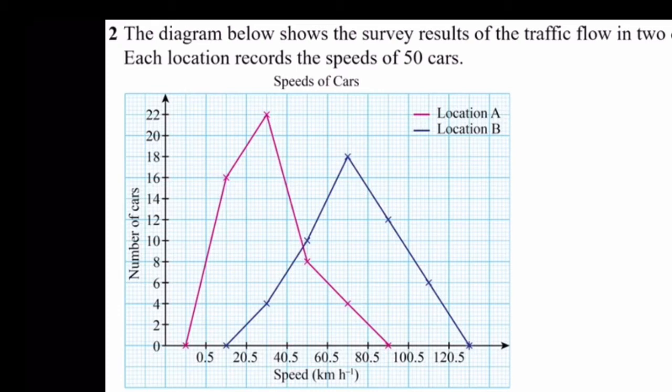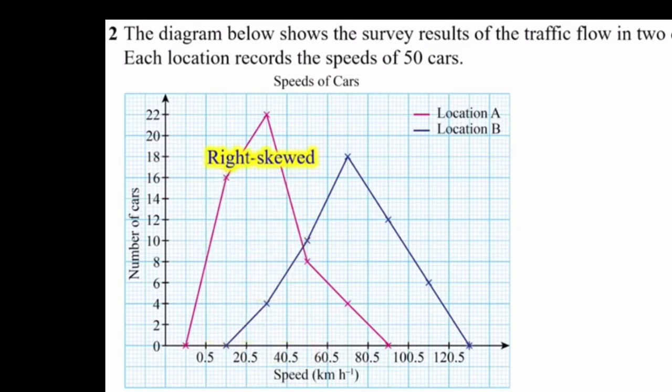So we can see that location B, if you compare to location A, is a place whereby the speed of the car is higher, that means that place will be very busy, right? So it should be a town area compared to location A, whereby people drive slowly and we have fewer cars, right?